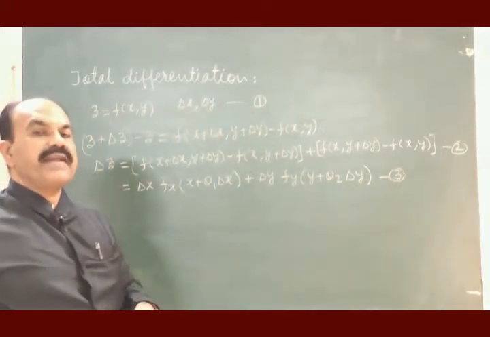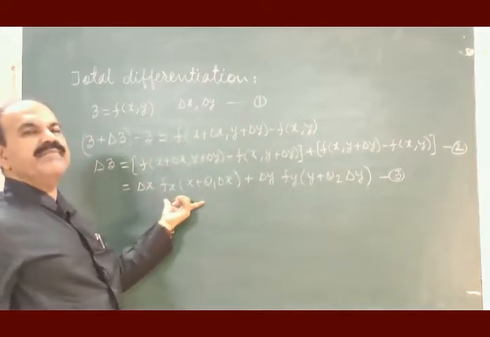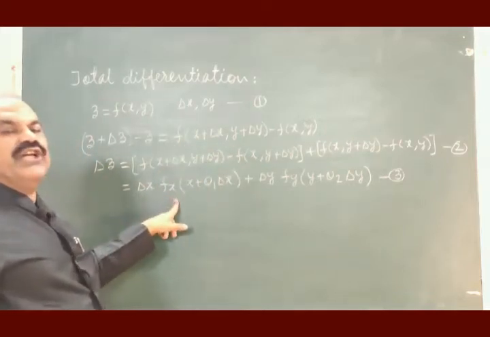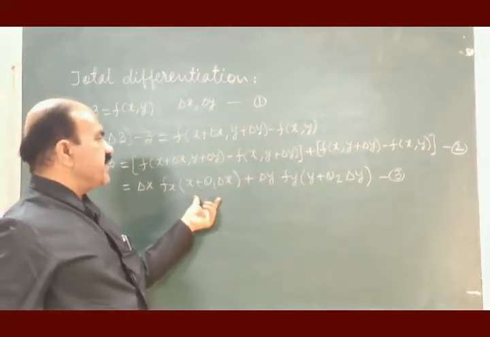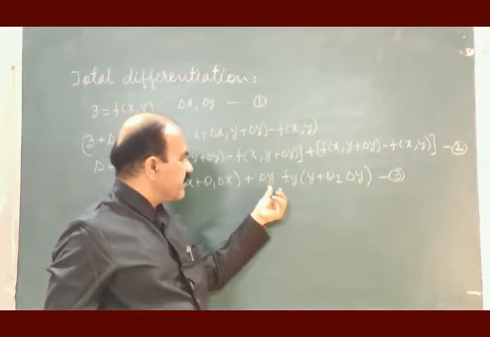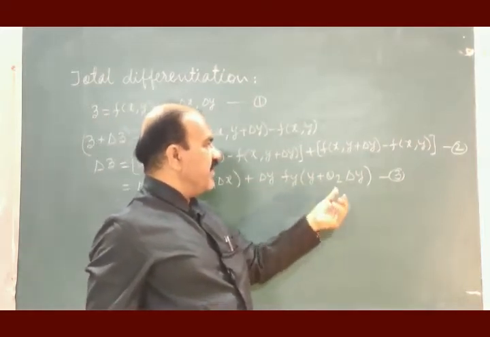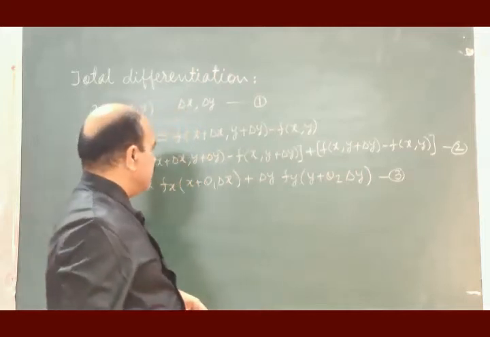When we apply Lagrange's mean value theorem to first square bracket, it can be simply written as delta x into fx of x plus theta 1 delta x plus delta y fy of y plus theta 2 delta y.